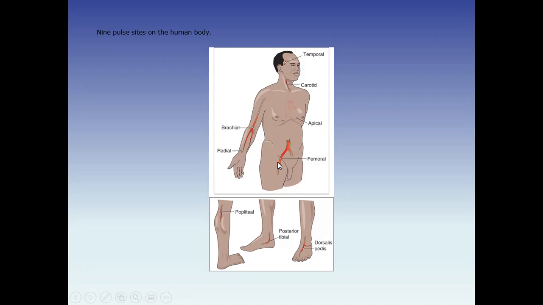The other one right here is the femoral. Then there's another one behind the knee, called the popliteal, and the one on top of the foot is called the dorsalis pedis. And the other one is the posterior tibial.